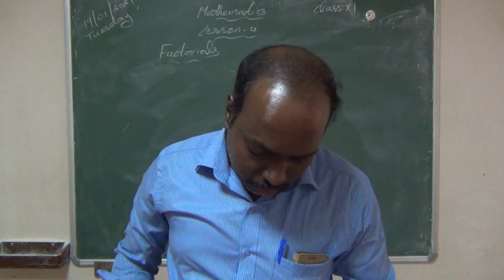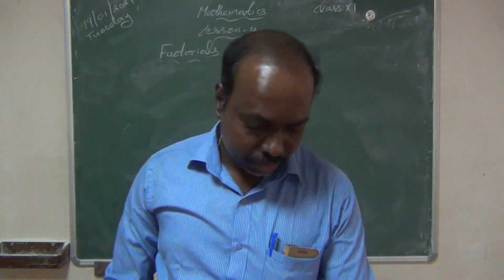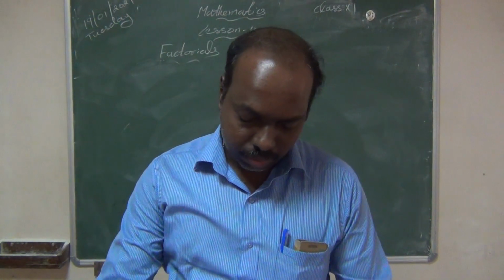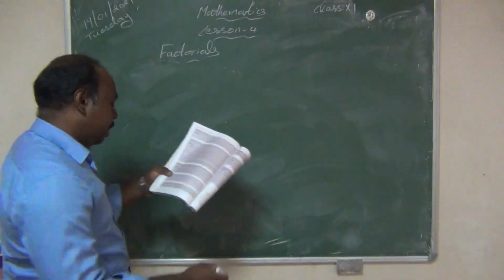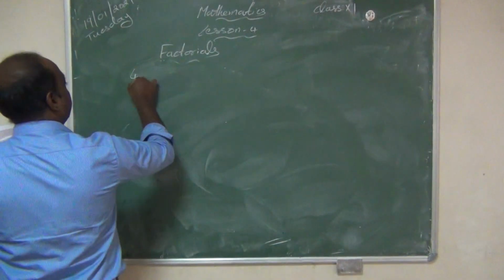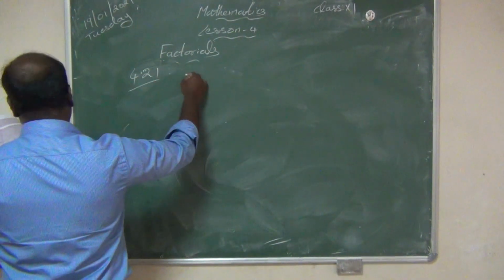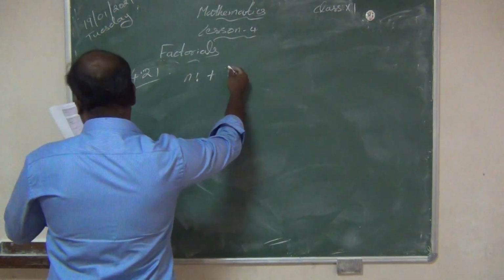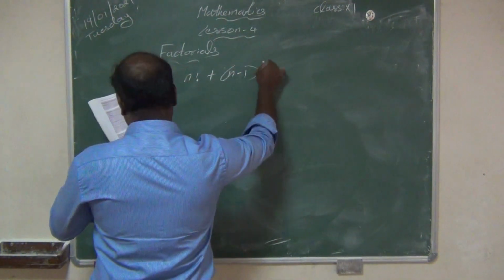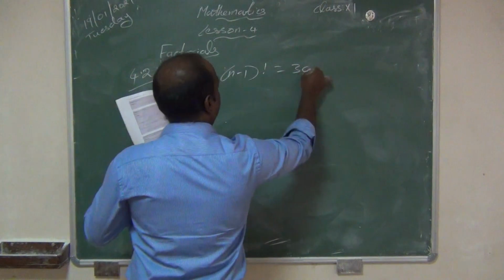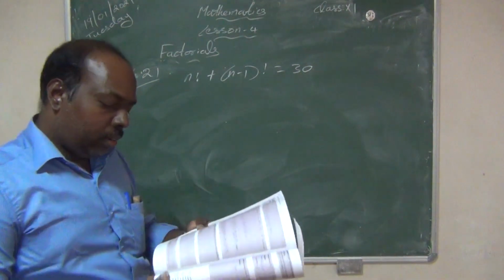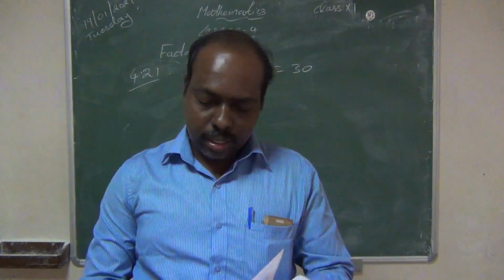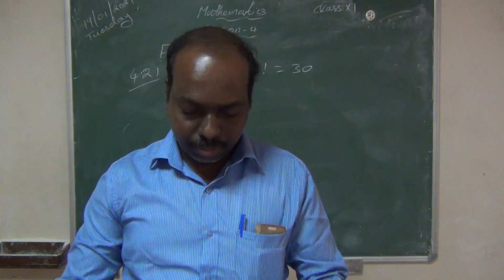Now example 4.21. If n factorial plus n minus 1 factorial equals 30, find the value of n.